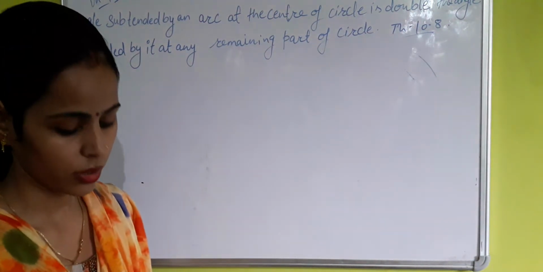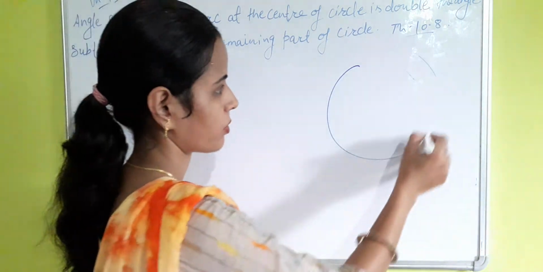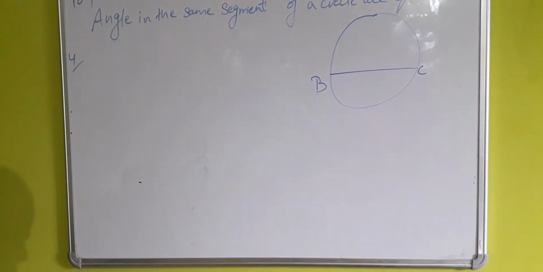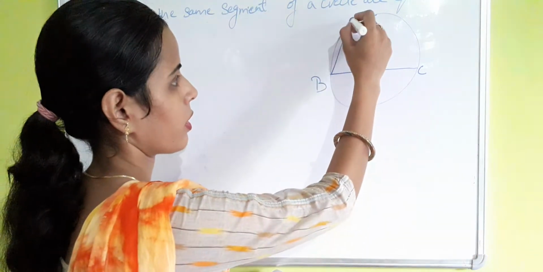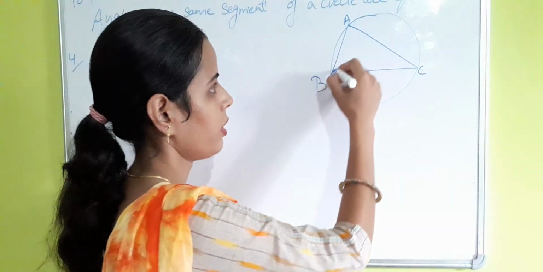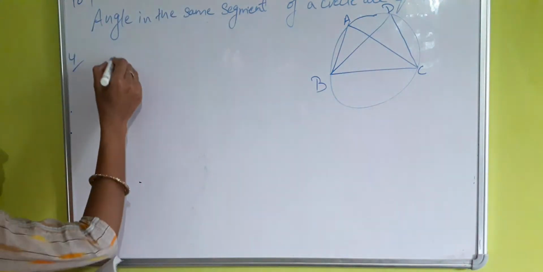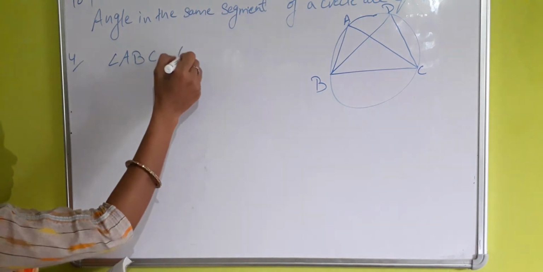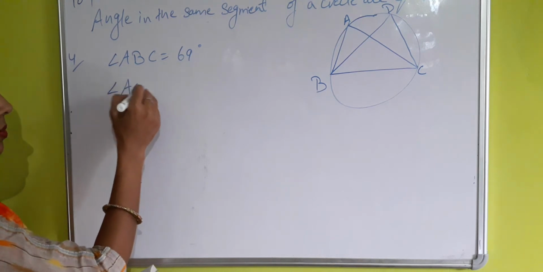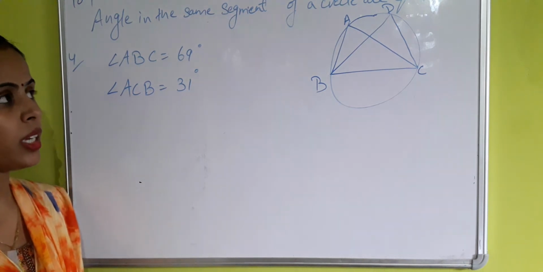Question number 4. Figure is given. Angle ABC equals 69 degrees. Angle ACB equals 31 degrees.